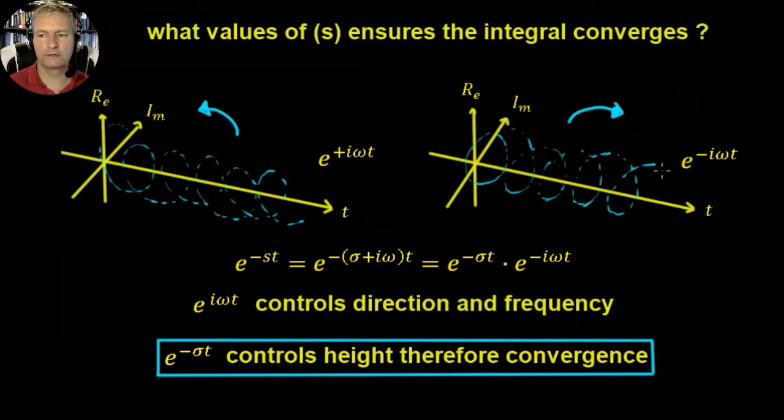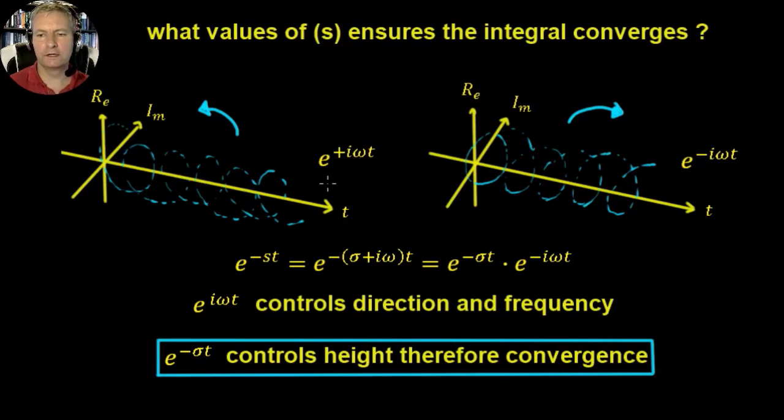So the plus and minus in i omega t just determines the direction that all the phasors would rotate in. And the value of omega would just determine how quickly they rotate, so how tight this corkscrew is, or how shallow or open it is.